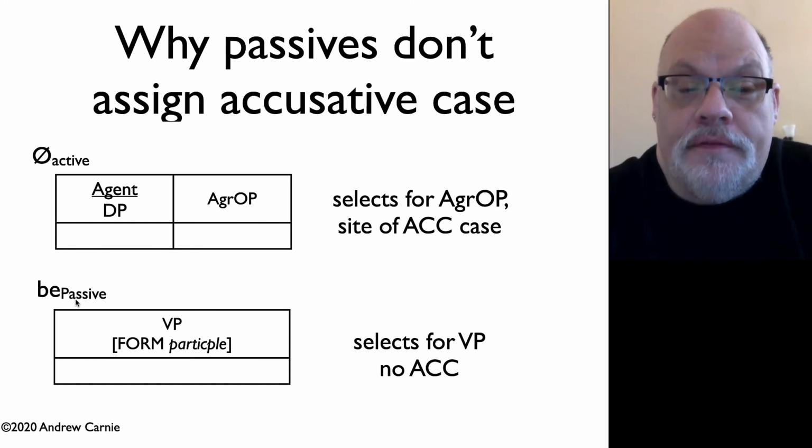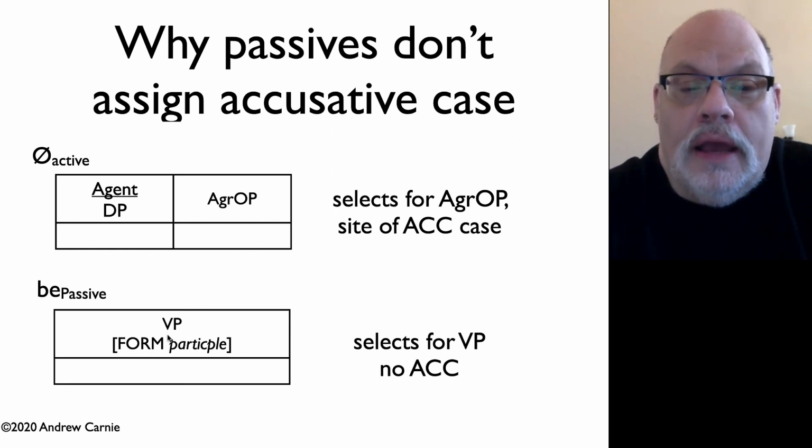Now, passive, by contrast, has a completely different theta grid. First of all, be passive doesn't introduce an agent. That's one of the things that makes it passive. So there's no external theta role here. And secondly, be passive doesn't select for AgrOP, it selects directly for a verb phrase, which is going to be of the form participle to make sure that you've got the right embedded verb form.